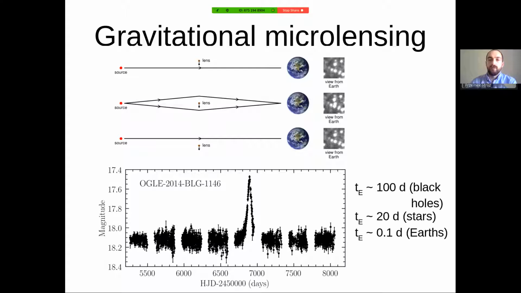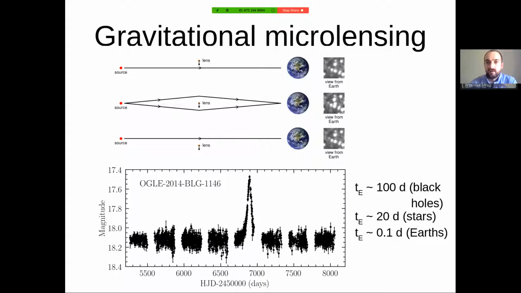For example, the duration of microlensing events, quantified by the Einstein timescale, is correlated with the mass of the lens. So basically, the lower the mass of the lens, the shorter the event. And so typical microlensing events by Earth mass objects have timescales of just a couple of hours.